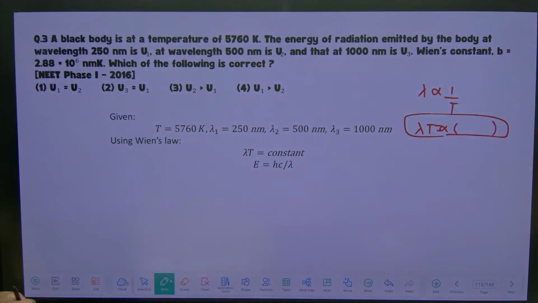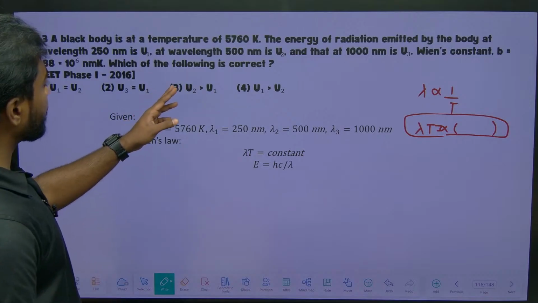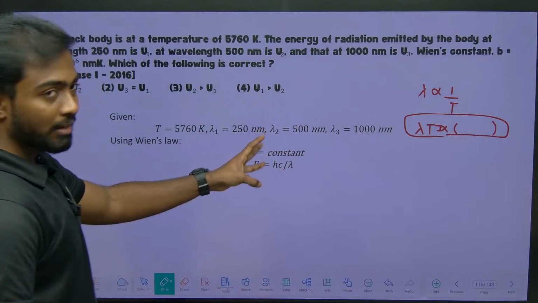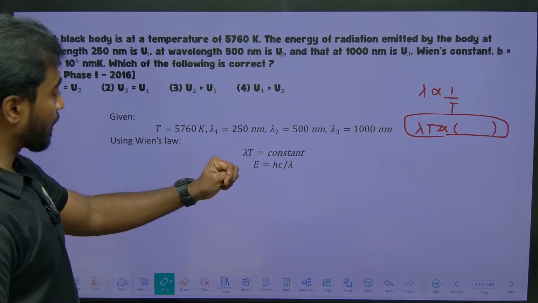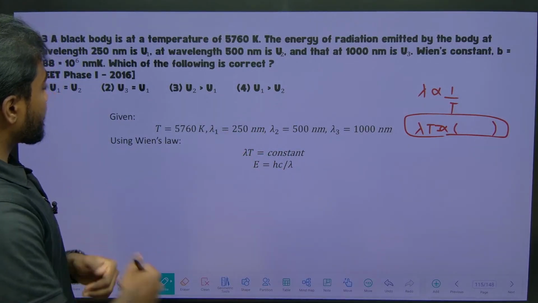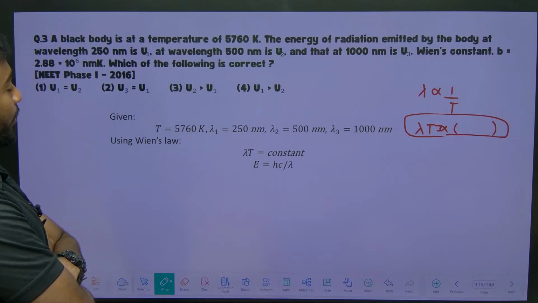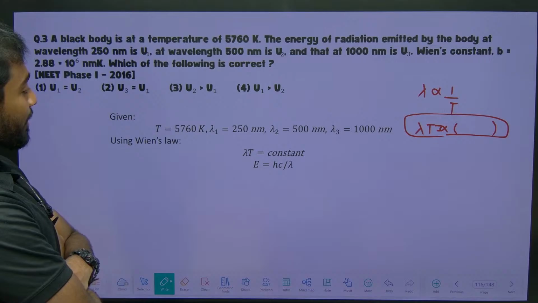Now given T is 5760 Kelvin, and lambda 1, lambda 2, lambda 3. Which is the closest thing we can observe here? I need to find the values first.